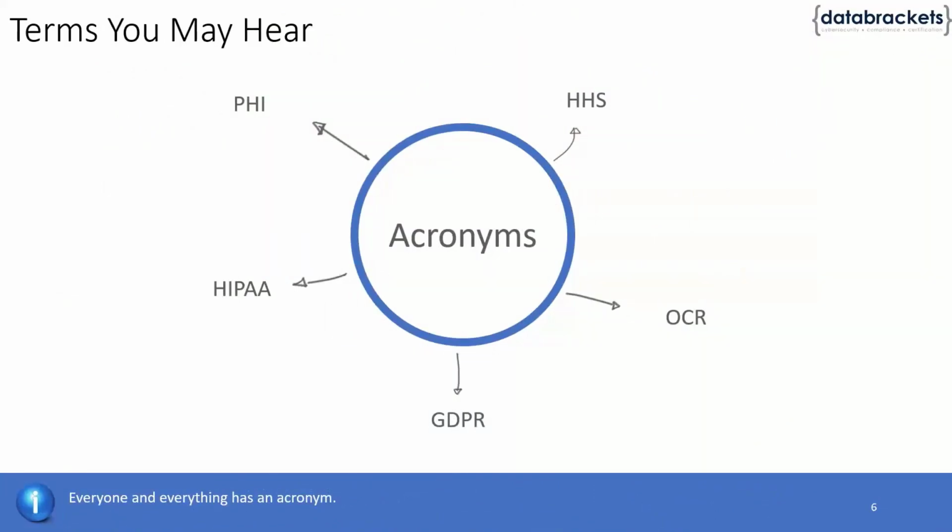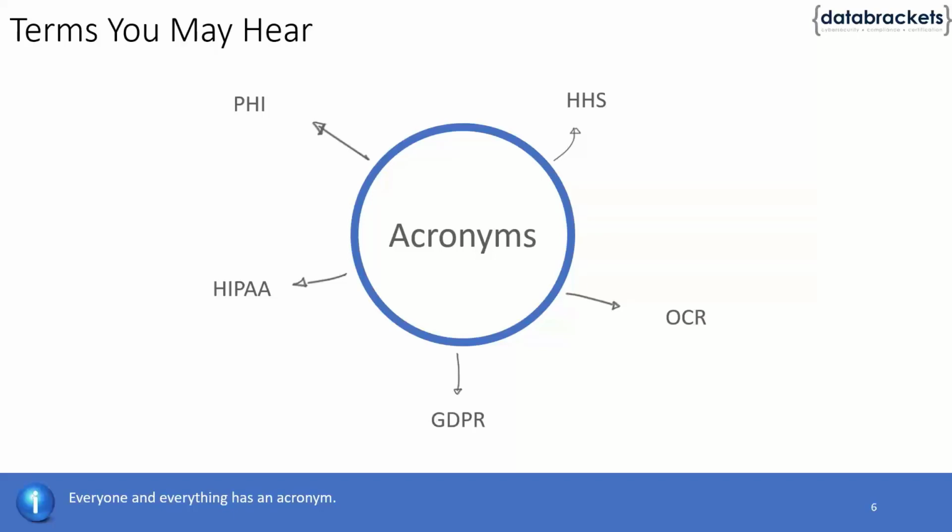And there are a lot of terms you'll be hearing today. I didn't mean to sound very technical or very intelligent. These are just terms that are widely used in the industry. PHI stands for Protected Health Information. It's not patient health information or personal health information. HHS, of course, is Health and Human Services. That is the agency responsible for making sure all the patient data and the patient rights are enforced.